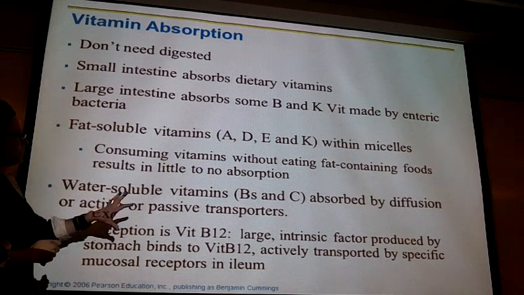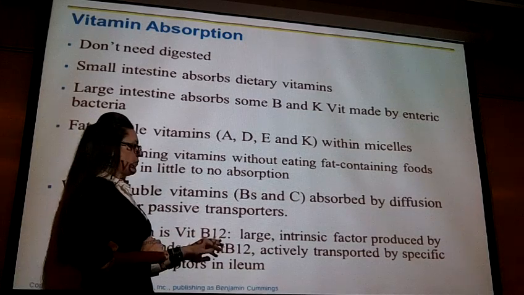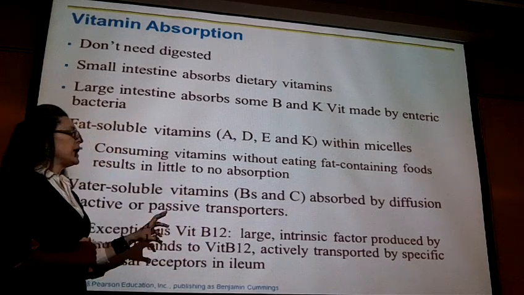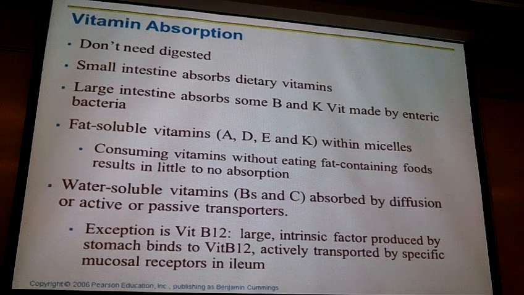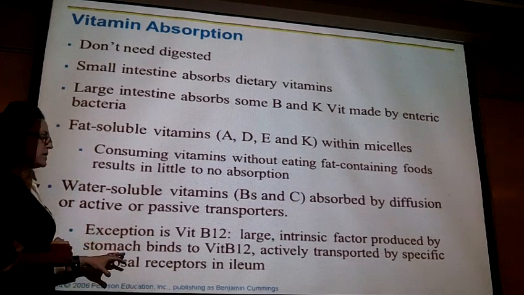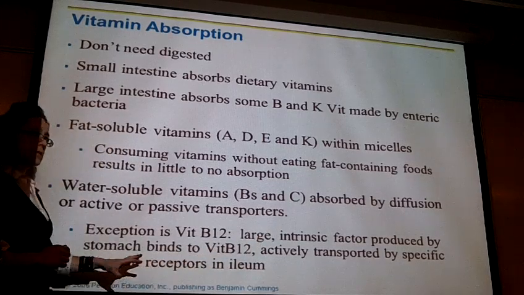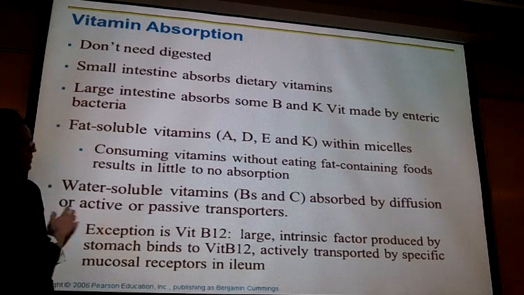Now, remember that the exception here is vitamin B12. Vitamin B12 will only get transported if intrinsic factor is also present. So intrinsic factor has to be present. It's made by the parietal cells of the gastric glands in the stomach, and that's how you're going to absorb that.